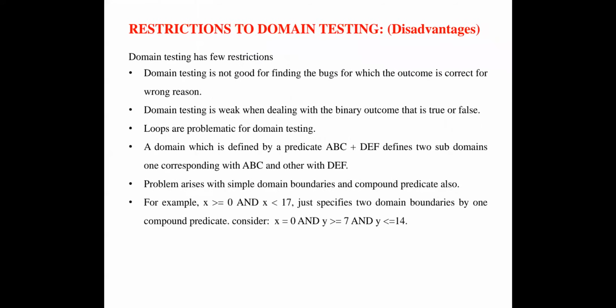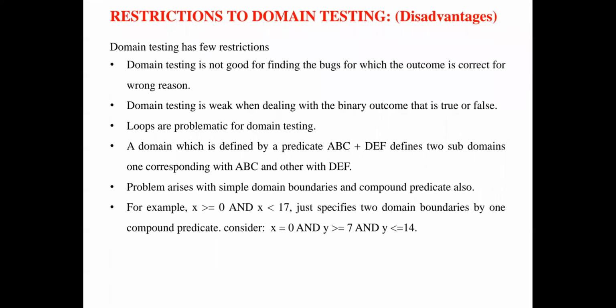Okay, the next one is restrictions to domain testing. The restrictions are also called disadvantages. So what are the disadvantages that will be produced when you are performing domain testing? These are the following disadvantages.